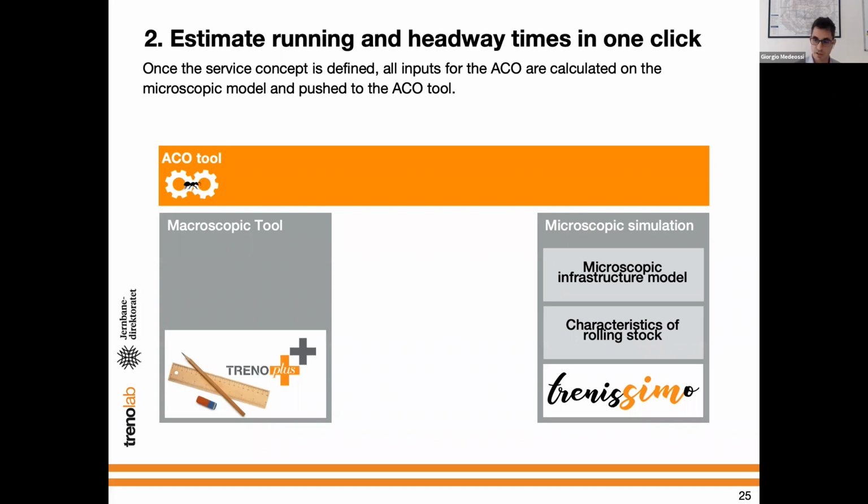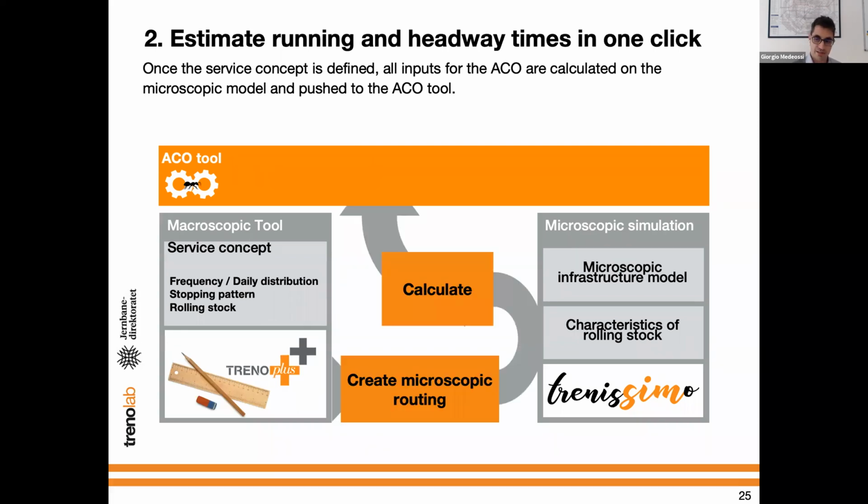So once the service concept is available, TRENOlab is able to construct the microscopic routing for all trains on the entire network, and to compute their running and headway times.